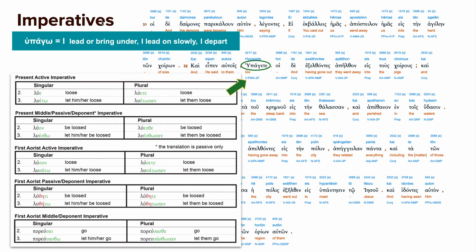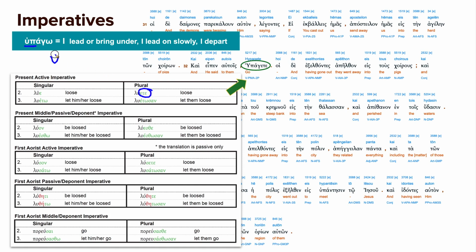All right, now let's look at the imperative. There's one imperative here, hupagete, and this is from hupago. Now, ago by itself, without hup, means I lead. So hupago means I lead or bring under, or I lead on slowly, or I depart. All right, so hupagete. Here we have simply just added ete to the end.